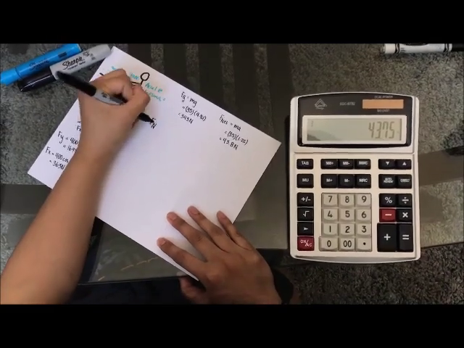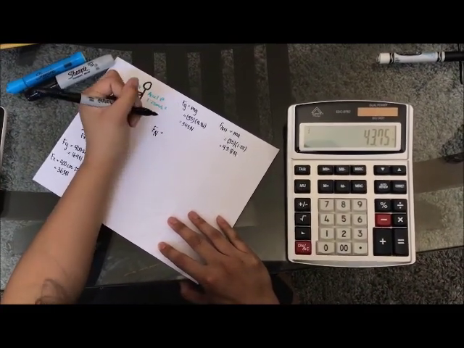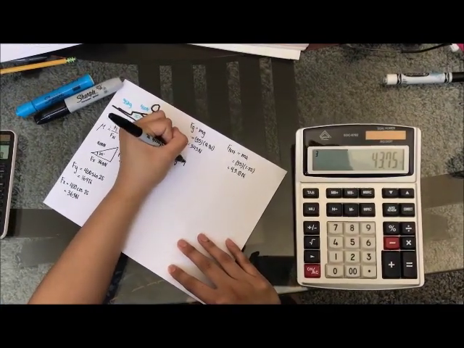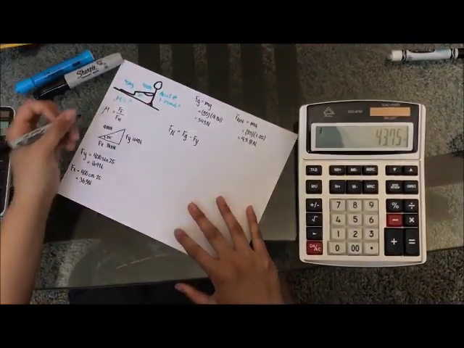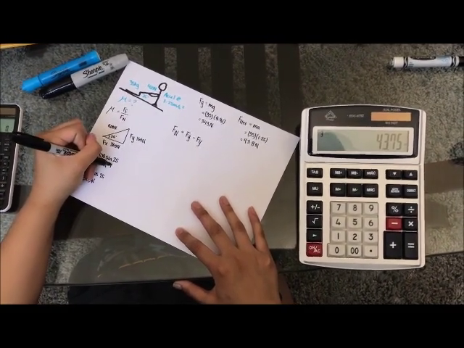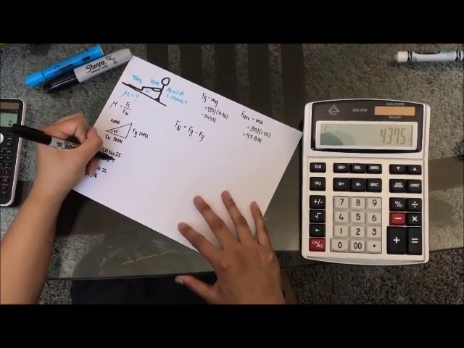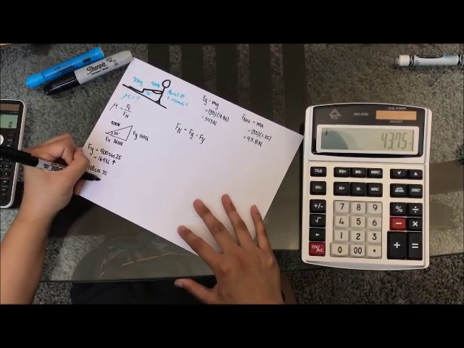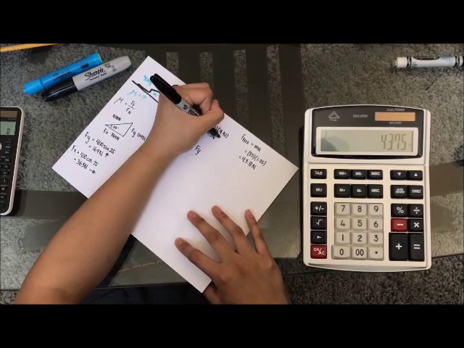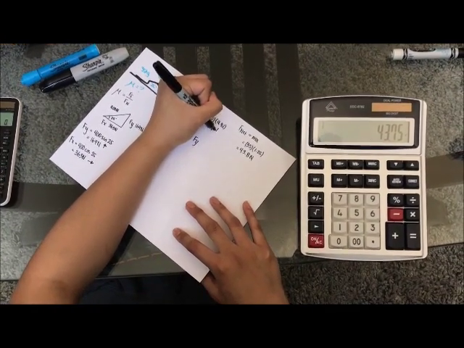So our force normal equals our Fg minus our Fy. Because this value, our Fy is pulling up, and our Fx is pulling to the right. But we know that our Fg, which is the force of gravity, is pulling down.